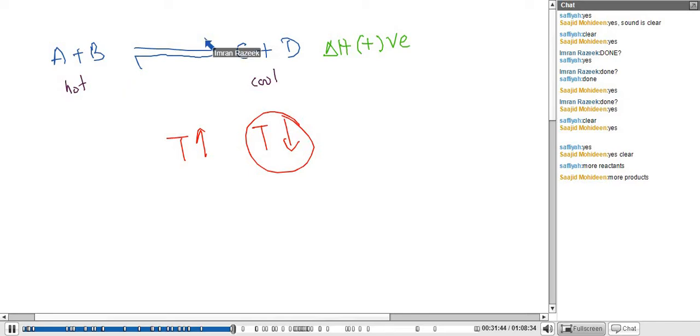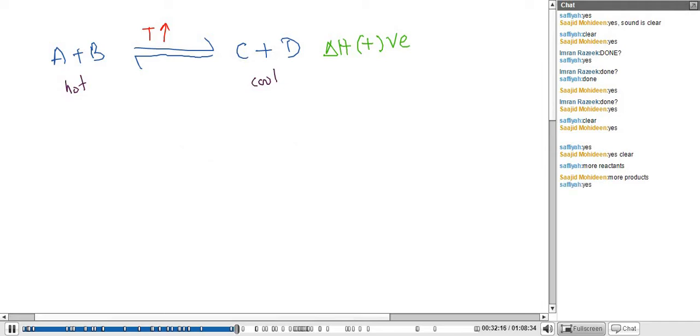So the only way it can decrease temperature is by favoring the products, because products are cooler. So for this system, if I increase temperature, it favors the products. Is that clear, Safia? Not the reactants, it's products.